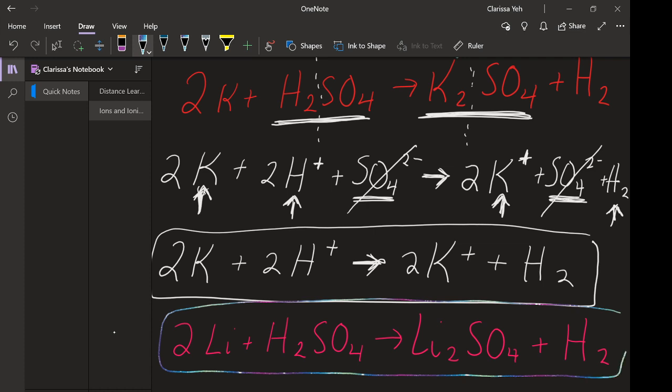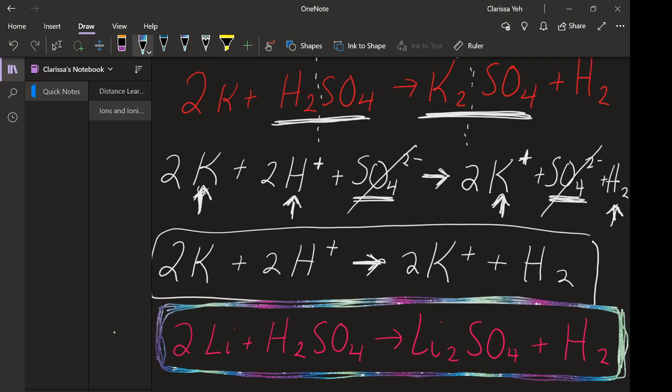Have a go at doing that. Lithium is in group 1, so it's going to form a 1 positive charge. Remember, hydrogens form a 1 positive charge, SO4s form a 2 negative charge. So on a piece of paper, have a go at doing that one.